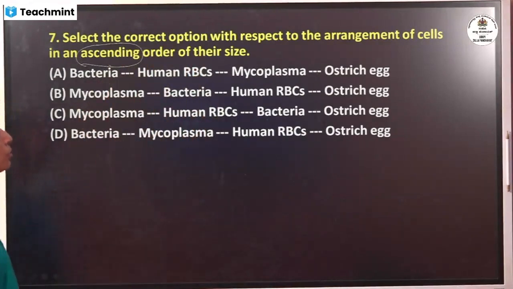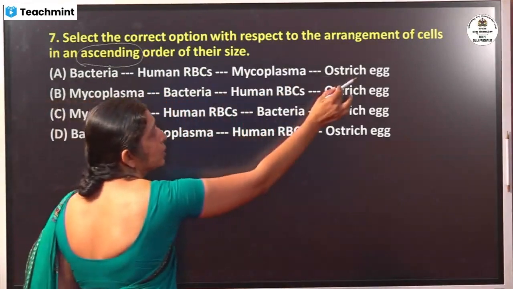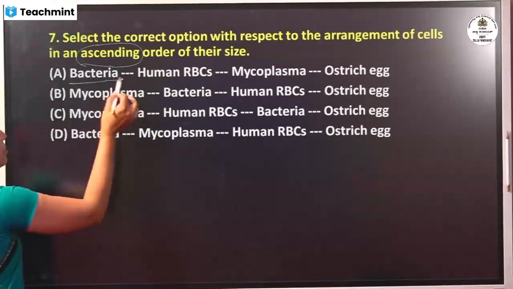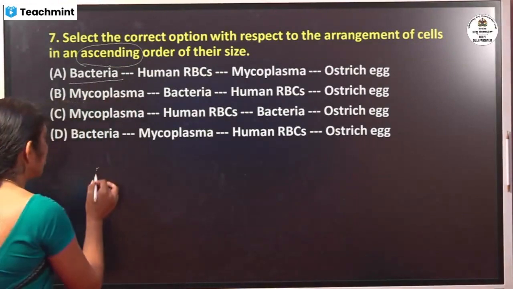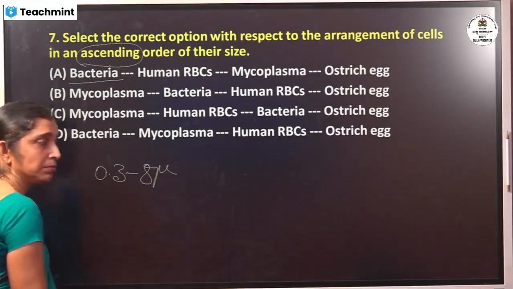Now, which options do you have? We have the bacteria, human RBC, mycoplasma, and ostrich. So in which order do you get? Now, what is the size of a bacterium? The size of a bacterium may be somewhere from 0.3 to around 8 microns.